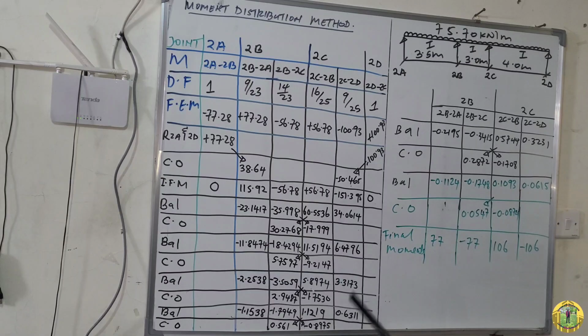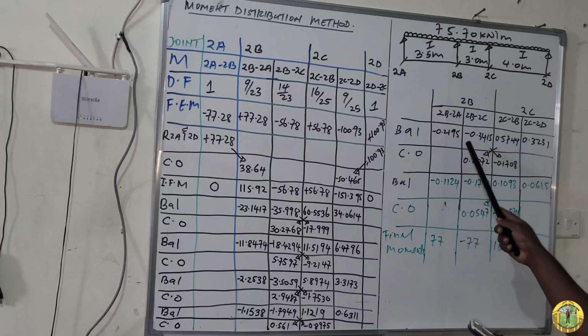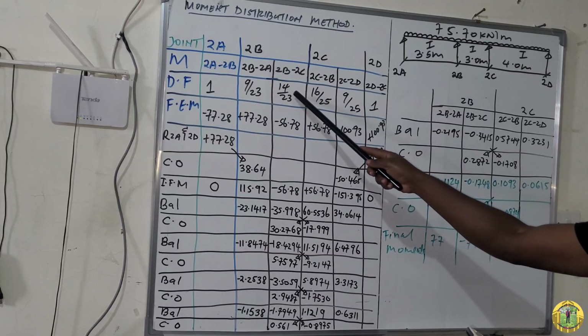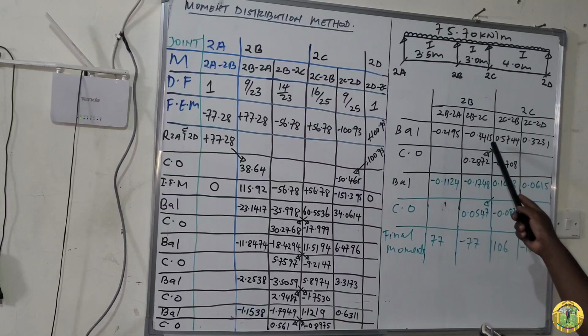So take opposite of 0.561, which is negative 0.561 times 9 over 23. You will get negative 0.2195. So again, multiply the same value by 14 over 23. You will get negative 0.3415.